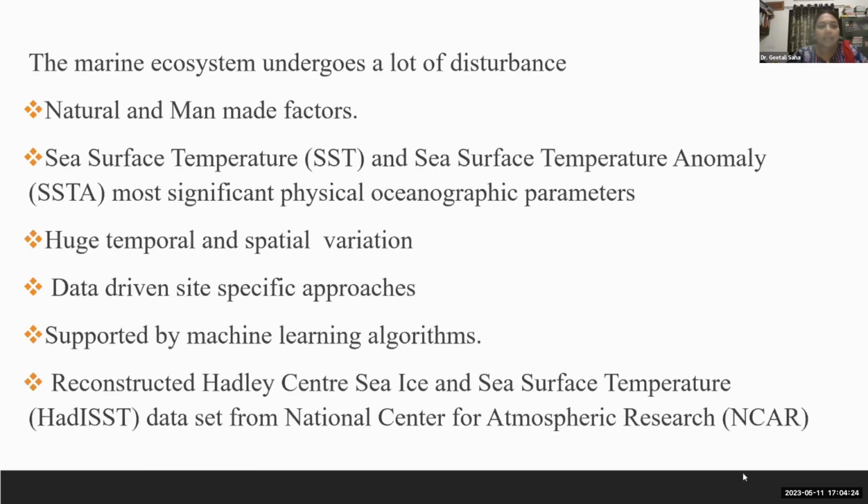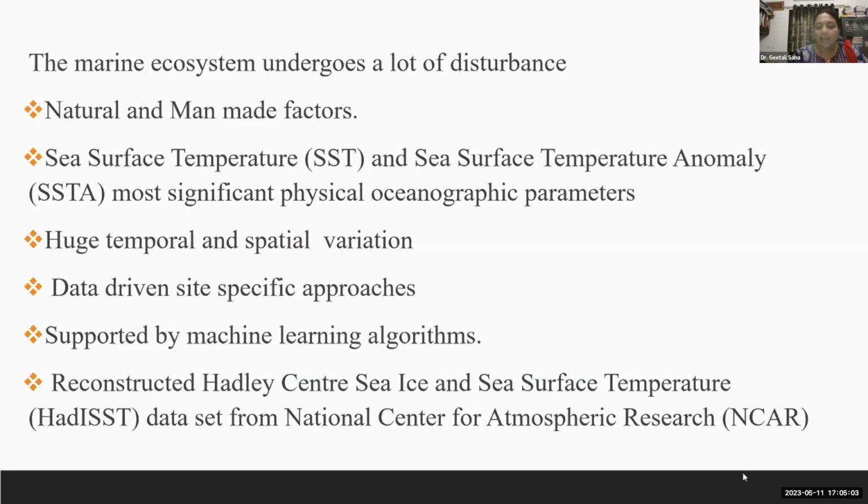We are aware that sea surface temperature and sea surface temperature anomaly are considered the most significant physical oceanographic parameters related to biological, chemical, and physiological changes. This parameter is so widely studied because the ocean has a very large extent, so there is temporal as well as spatial variation, and that is why data-oriented techniques are becoming more popular.